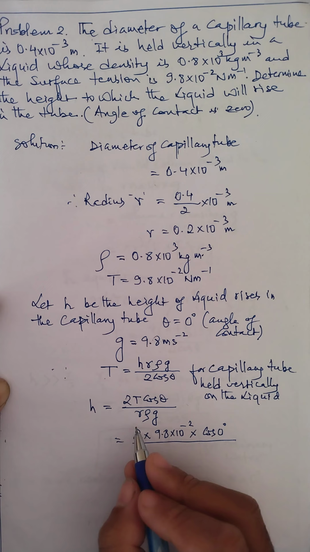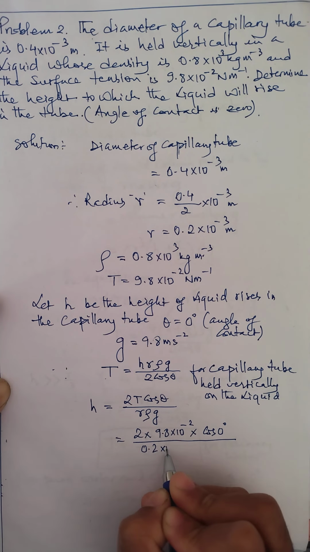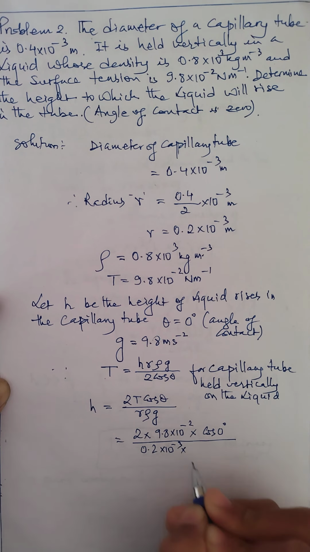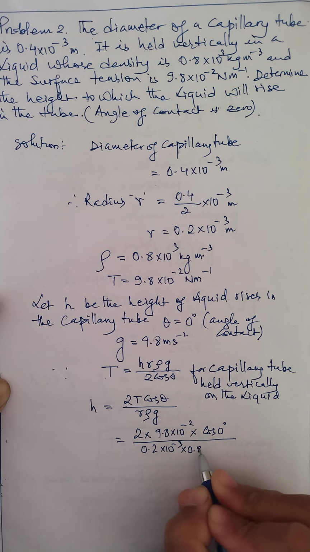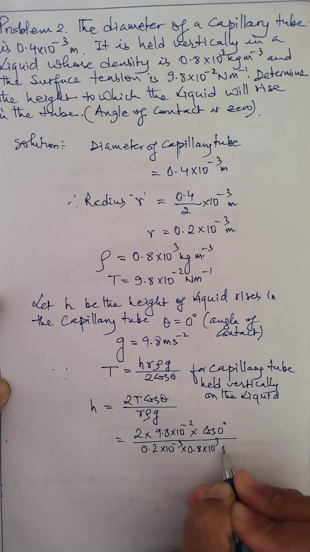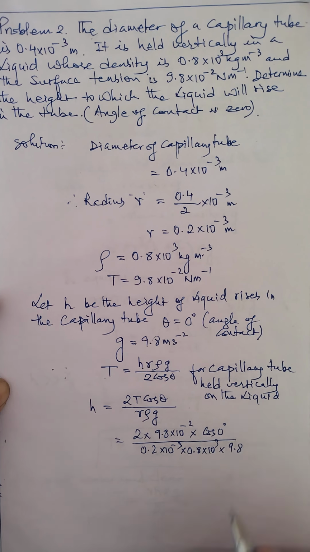R, the radius that we have calculated, is 0.2 into 10 to the power minus 3. Density of the liquid is 0.8 into 10 to the power 3, and the value of g is 9.8.